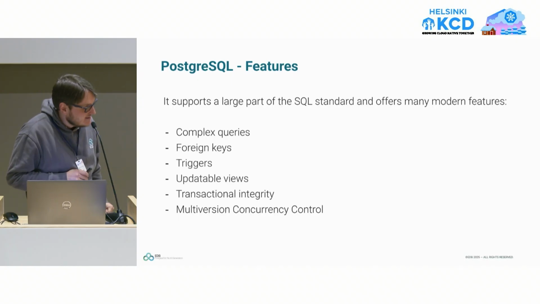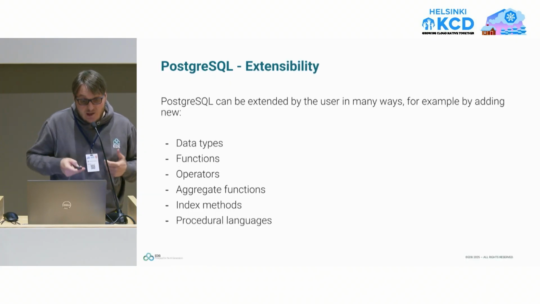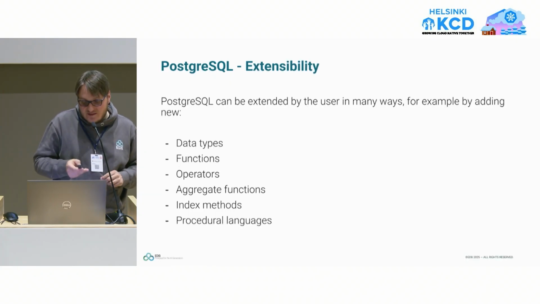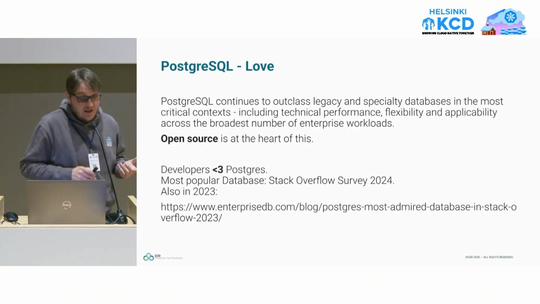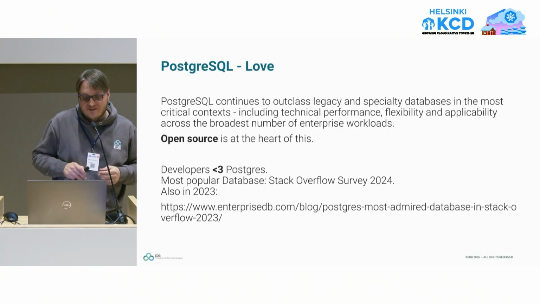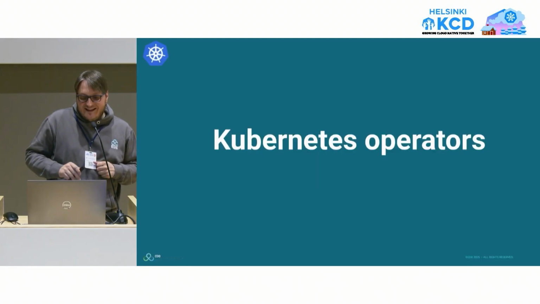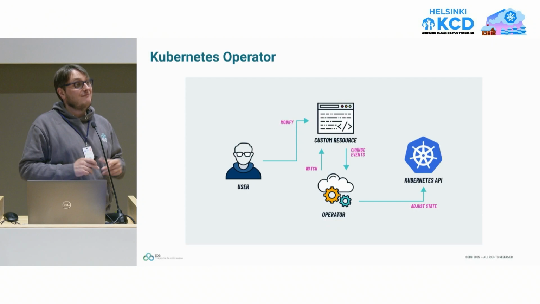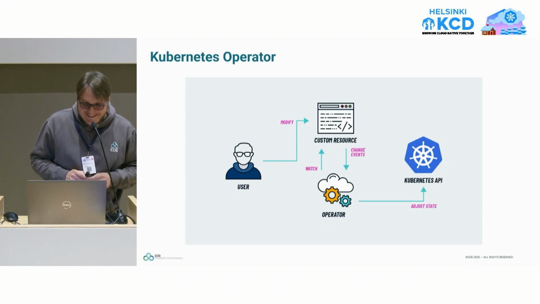I'm just reporting some from the documentation. And also the extensibility is one of the points of strength of Postgres. And actually, developers love Postgres. From surveys, this is well known. And yeah, Kubernetes operator, you know everything, as you told me, but yeah.